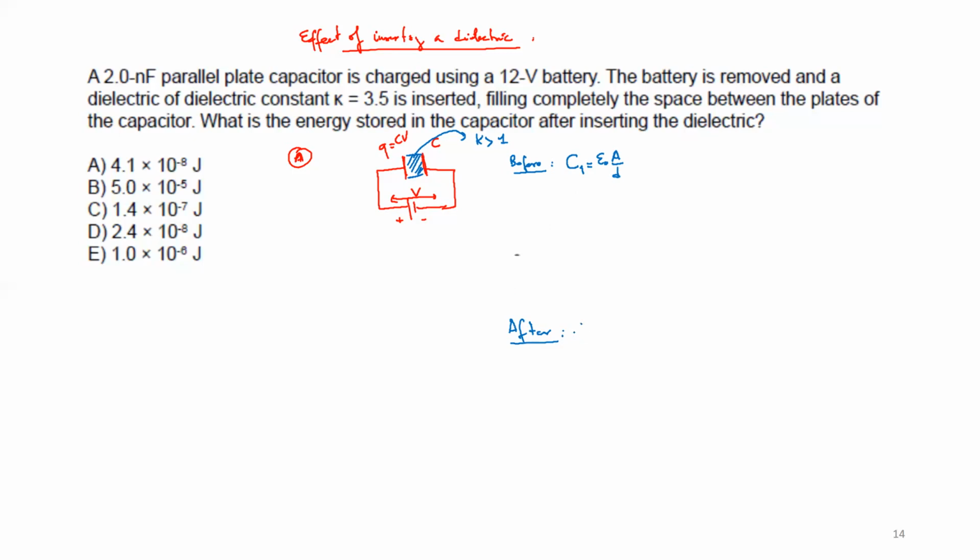Now, after insertion of the dielectric, what is the capacitance? Of course, you will just replace epsilon naught by kappa multiplied by epsilon naught. So the new capacitance will be kappa epsilon naught A divided by D. So basically, C2 will be just kappa C1. Of course, it has increased, okay, because kappa is bigger than 1. I put a dielectric in between the space of my capacitor. I increase the capacitance by a factor kappa.